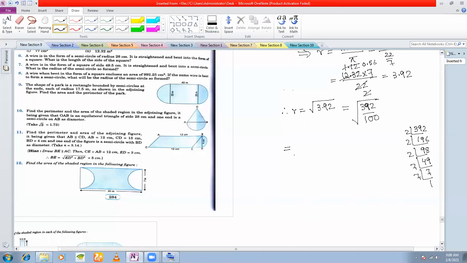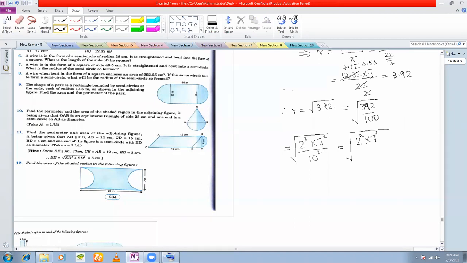So you're getting here root over 2 cube into 7 square divided by 100, which can be written as 10 square. So 2 cube in terms of square can be written as 2 square into 7 square into 2, divided by 10 square.